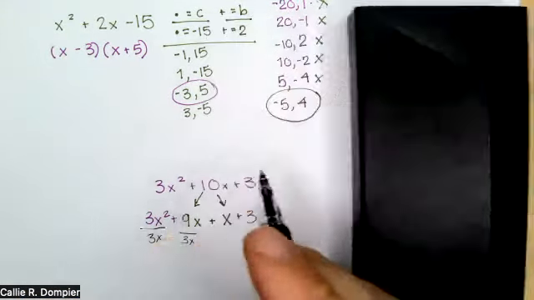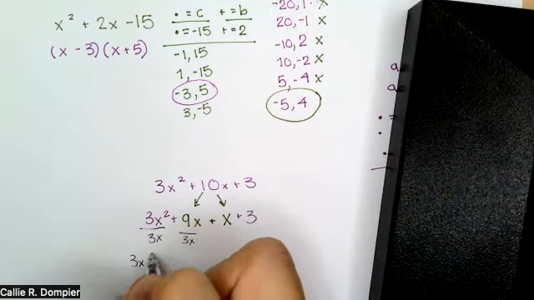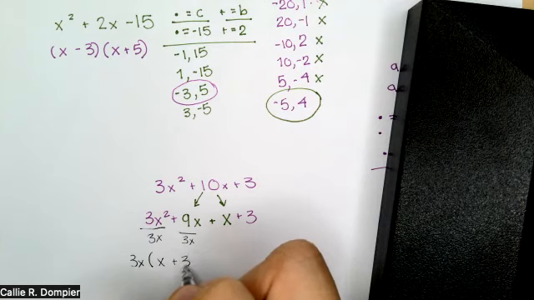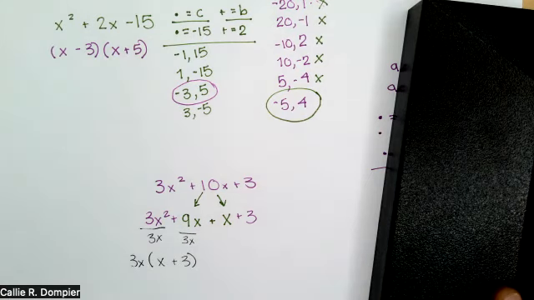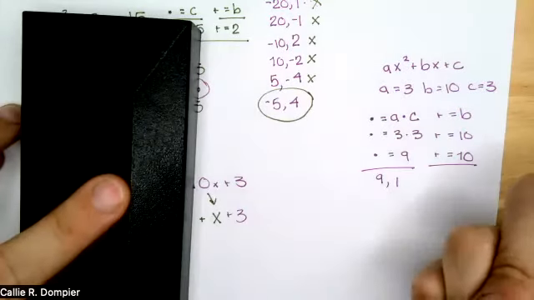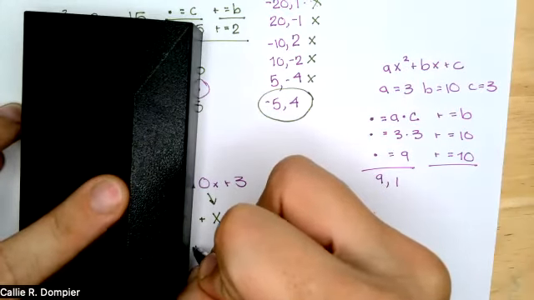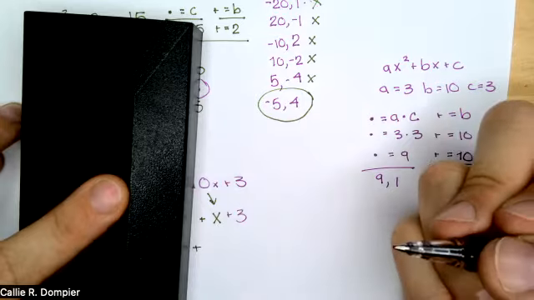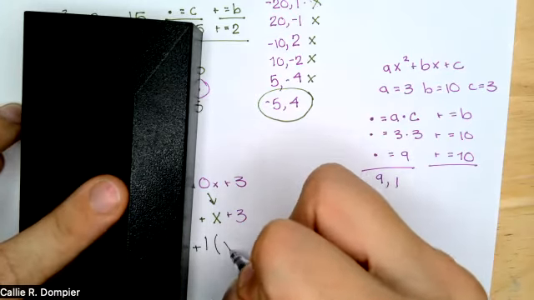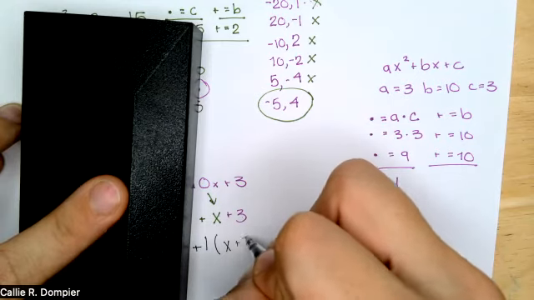And what I get is 3x divided by x plus 3. Positive x plus 3. So that has to be a positive. There's no common factors. I can just say 1. That's okay. X divided by 1 is x. 3 divided by 1 is 3.